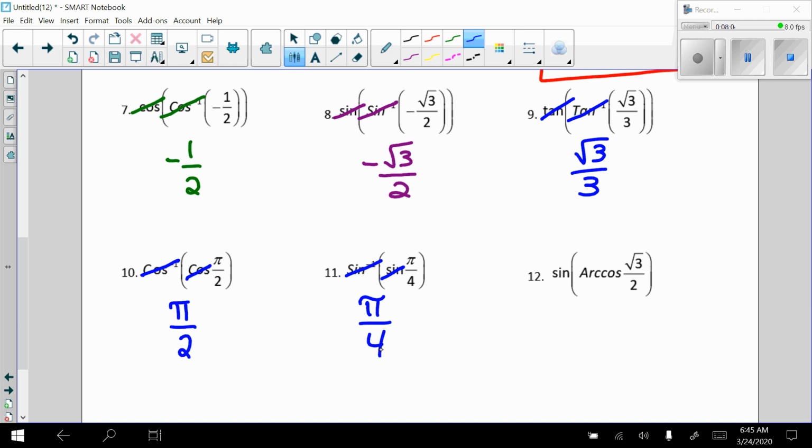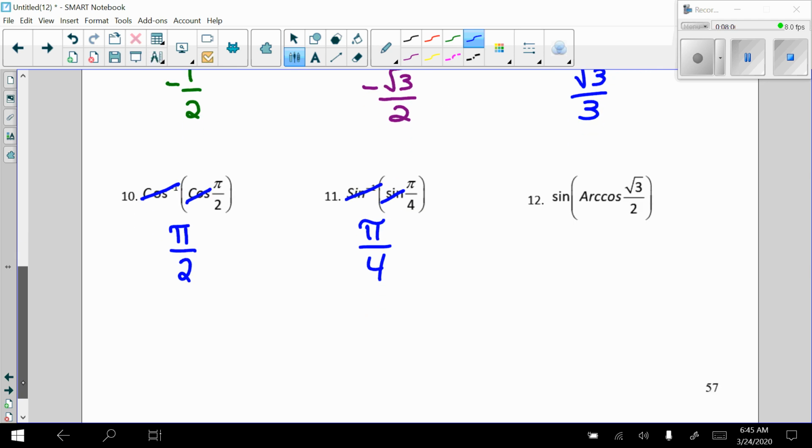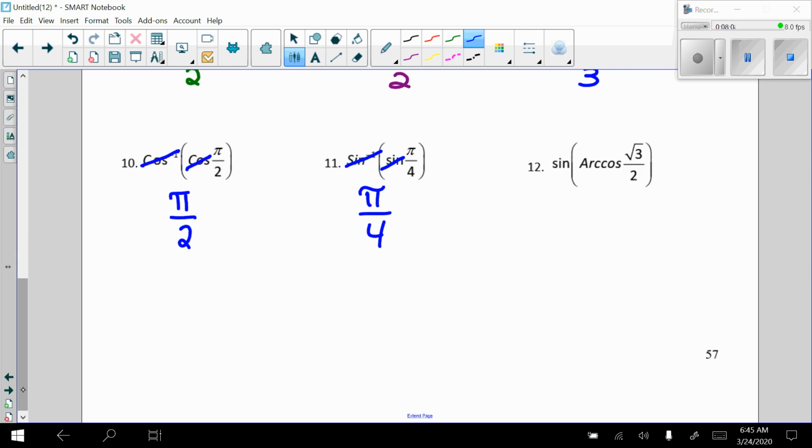Well, number 12 is not that easy, because notice we have the sine of the arc cosine of root 3 over 2. Recall that this is basically the kind of problem that we solved on 1 through 6.